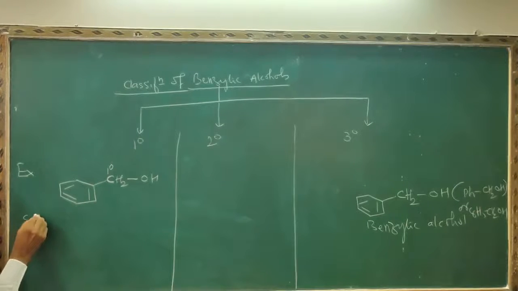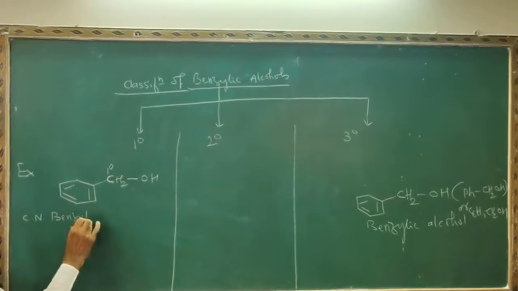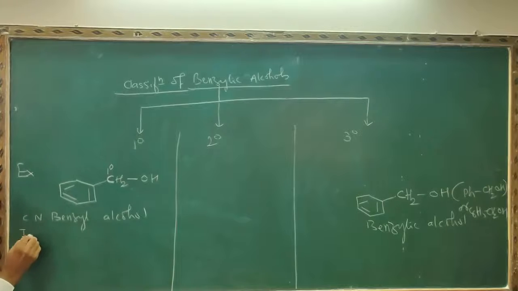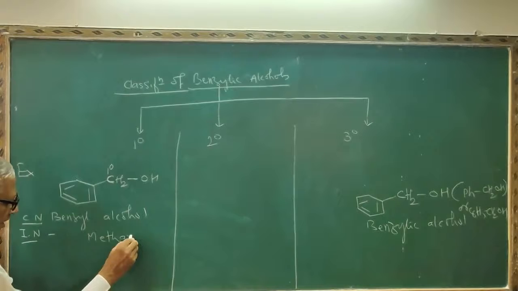So, the common name of this one is benzyl alcohol. The IUPAC name of this one is, see, it contains only one carbon atom, therefore it is a derivative of methane. This is the only one carbon atom.